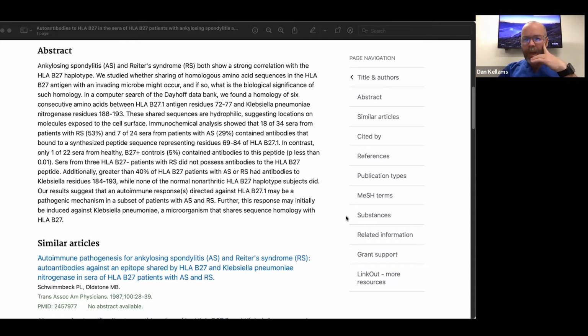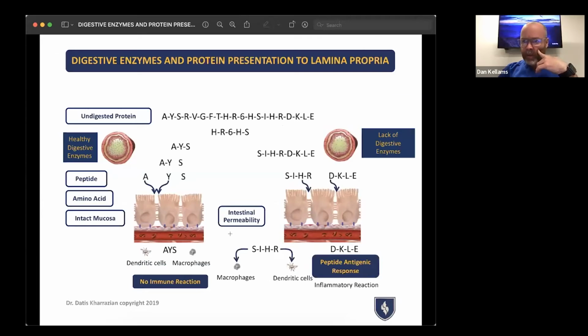So Dr. Karazian, who does a lot of work with Apex, in one of his classes has a really good breakdown of the amino acids. So I'm going to share a slide from that. This is from the Karazian Institute.